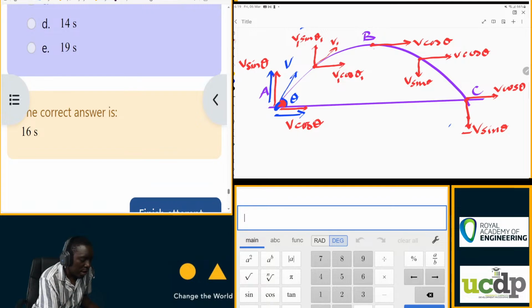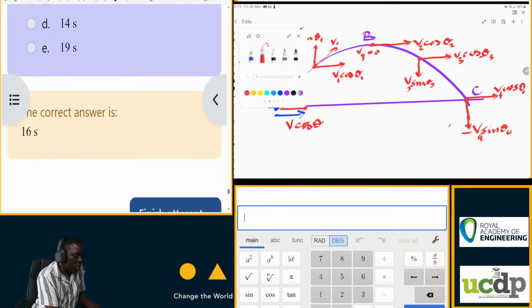Here it's not going up or down, so Vy is 0. There's no Vy. Then this is v2 cos theta 2, v3 cos theta 3 and v3 sin theta 3, then v4 and theta 4. Okay, so why am I doing that?